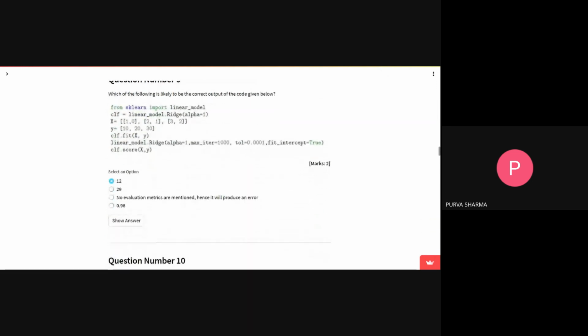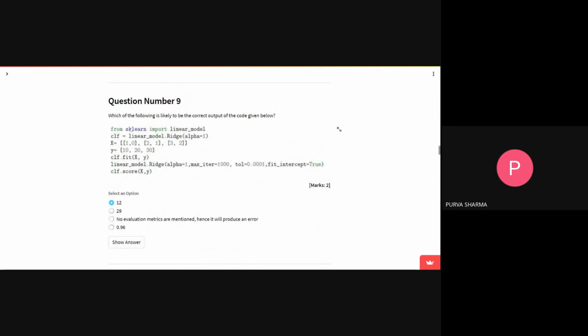Now, next up we have: which of the following is likely to be the correct output of the following code. So linear model, CLF is linear model dot ridge with alpha equals 1. We have y, we have x, we have y. We're fitting the classification model.